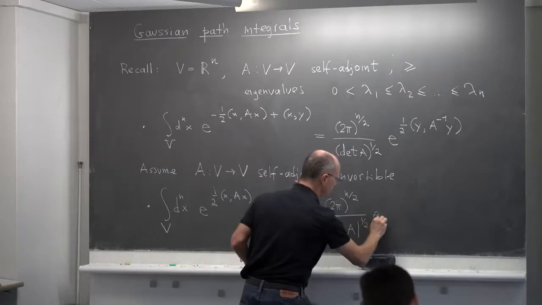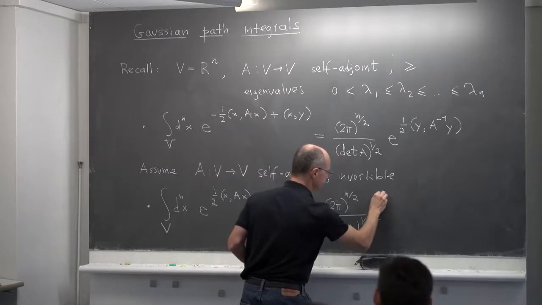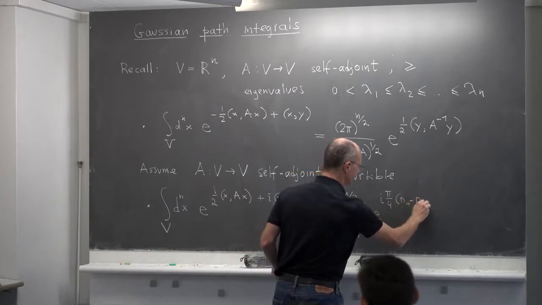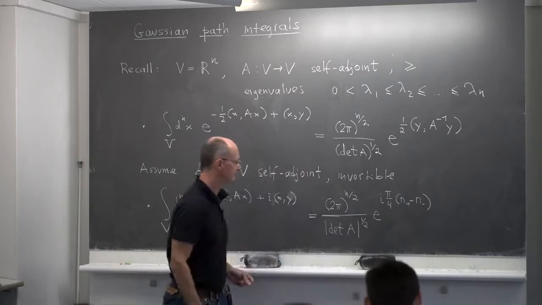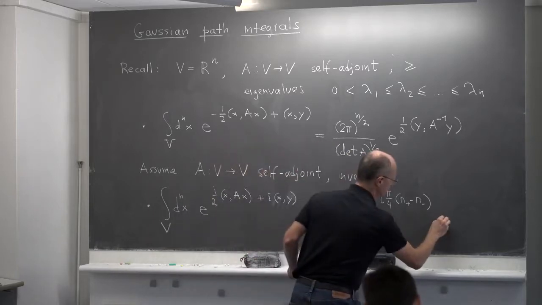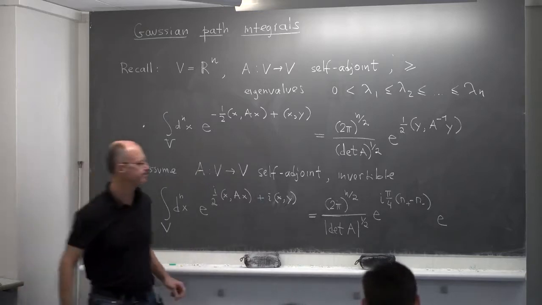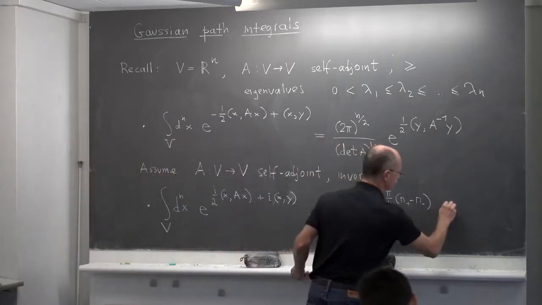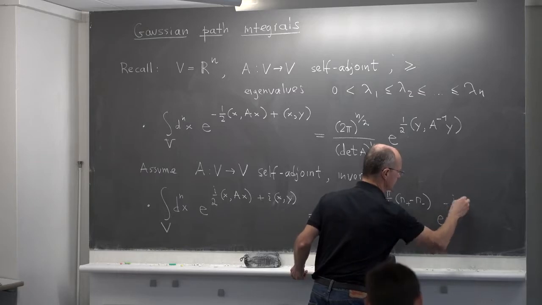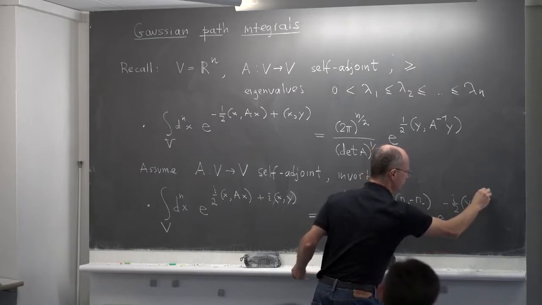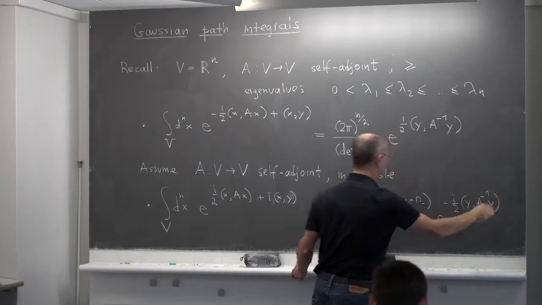And here we put exponential of i pi over 4 times (n plus minus n minus). I'll say what it is in a second. And here, that I never remember, it's minus, yeah. Here will be minus i over 2 y A^{-1} y.